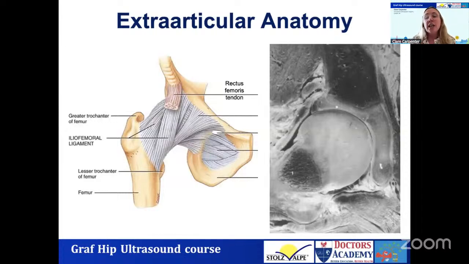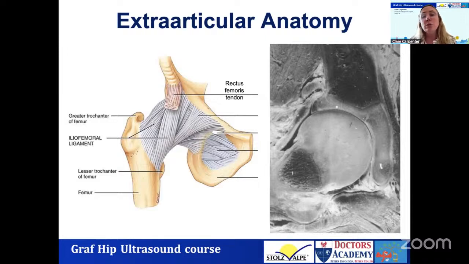It's good to understand these anatomical structures because they can sometimes become a bit of a distracting focus when you're looking at various aspects of the ultrasound. That is something we can go to in detail if you attend the ultrasound course.